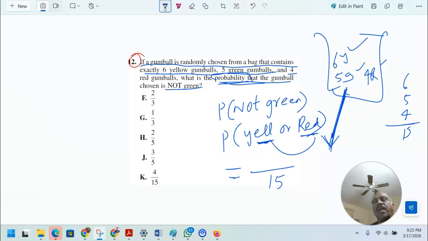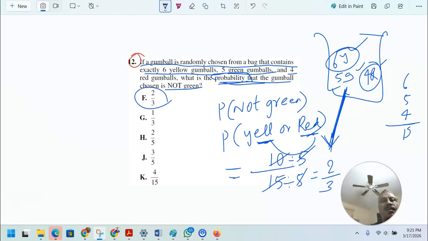So we just add up the yellow and the red. The yellow is 6 and the red is 4, so you get 10. That can be reduced by dividing by 5. 5 divides both numbers: 5 goes into 10 two times and into 15 three times. So you get 2/3 as the answer.